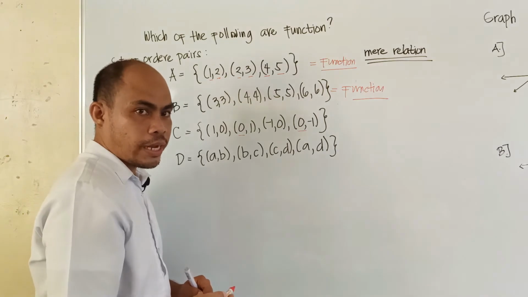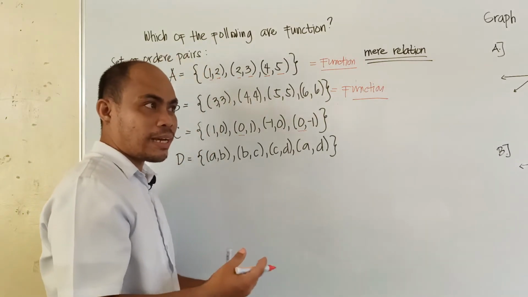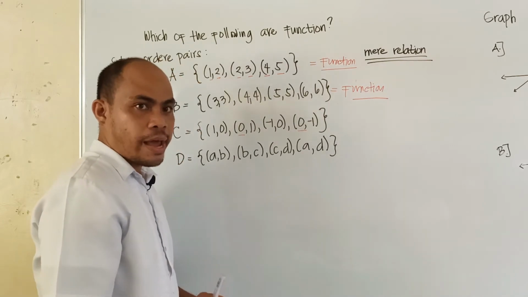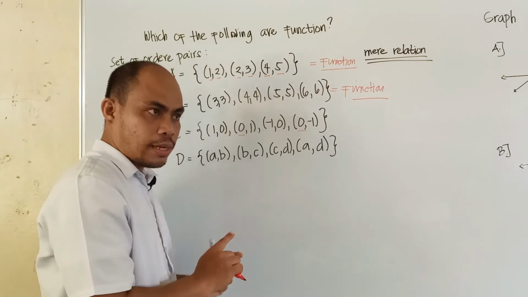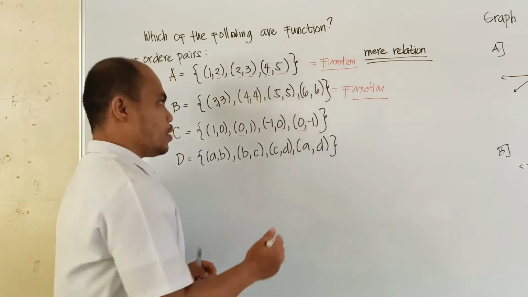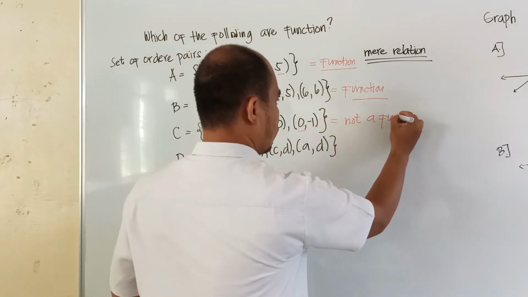So that is not a good relationship. Because we define a function as a single domain paired with a single range. So this is not a function.